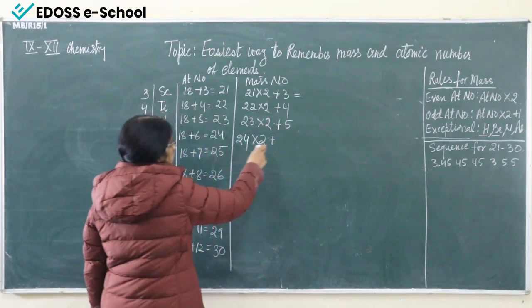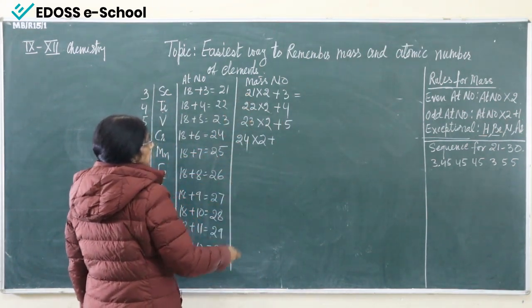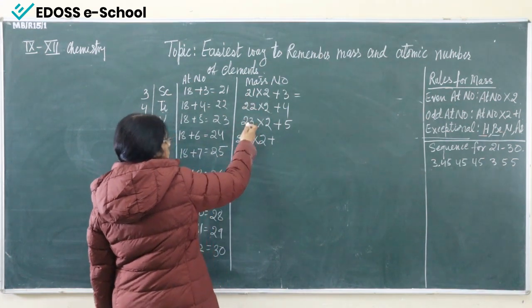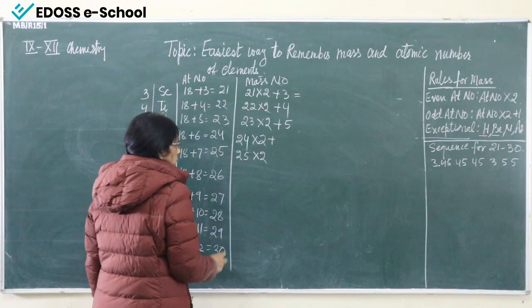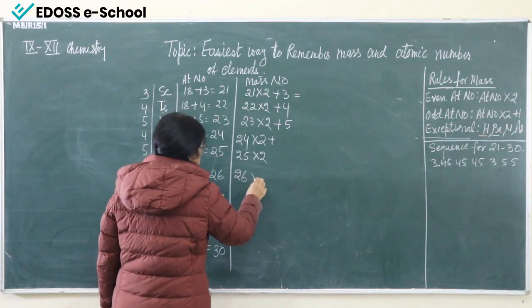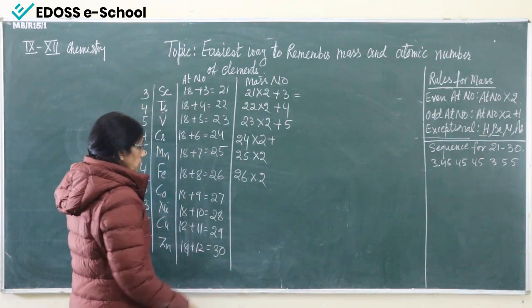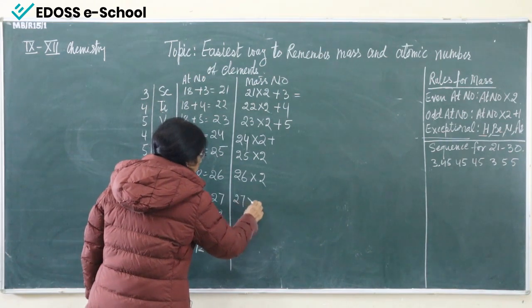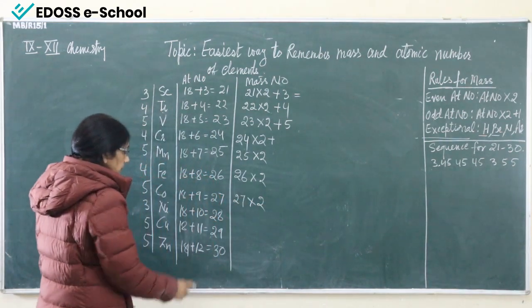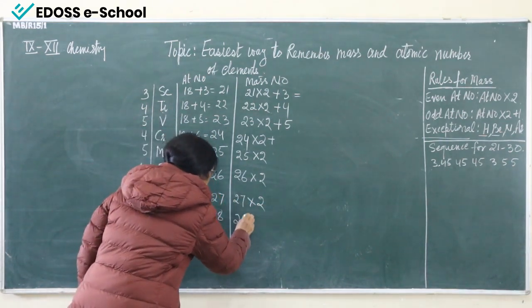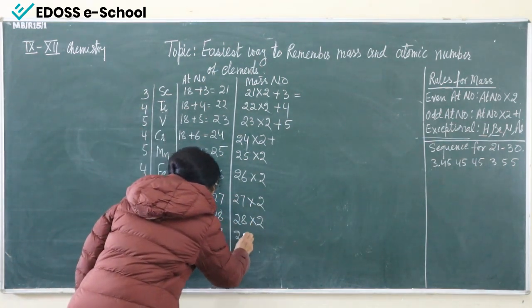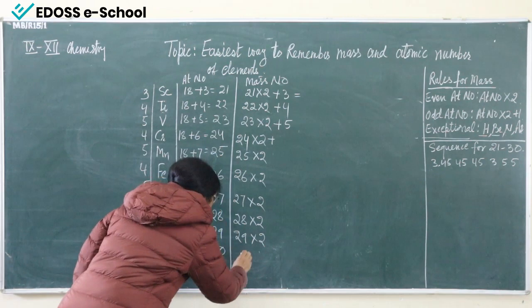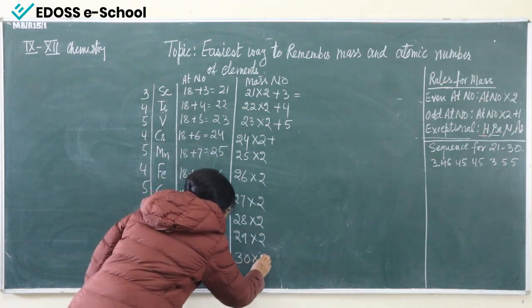Then you can write it in this way also, okay. 21, 22, 23, 24, 25, this is 26 multiplied by 2, 27 multiplied by 2, 28 multiplied by 2, 29 multiplied by 2 and 30 multiplied by 2.